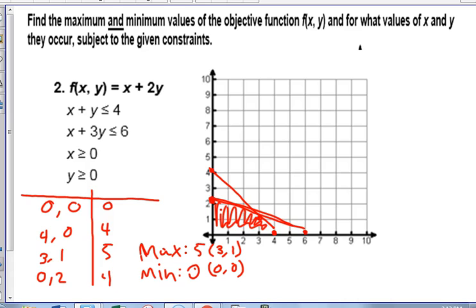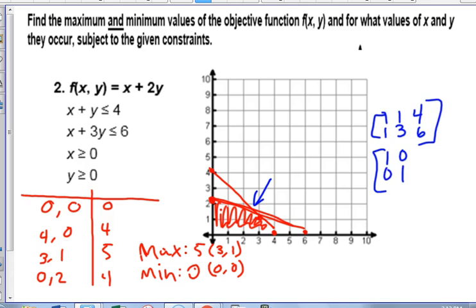What matrix might you have used if you wanted to find this point up here somewhere? 1, 1, 4. Okay. And if you did that, you would get out 1, 0, 0, 1, 3, 1.